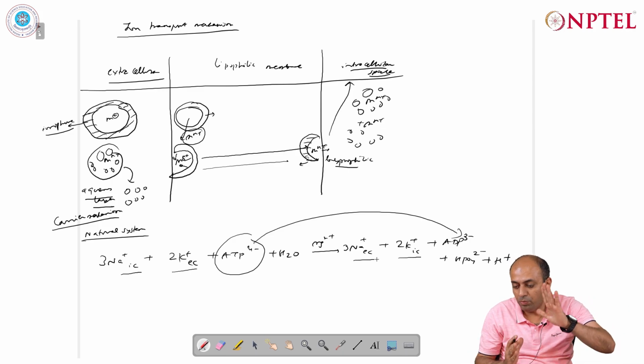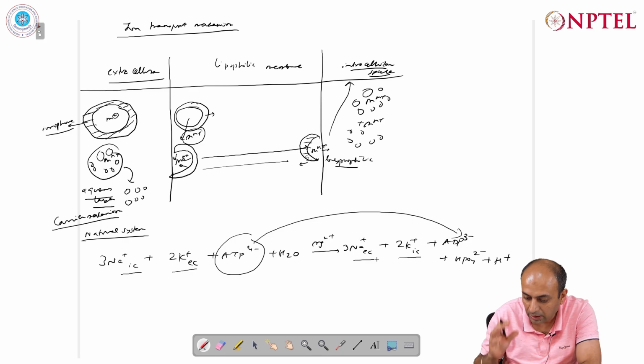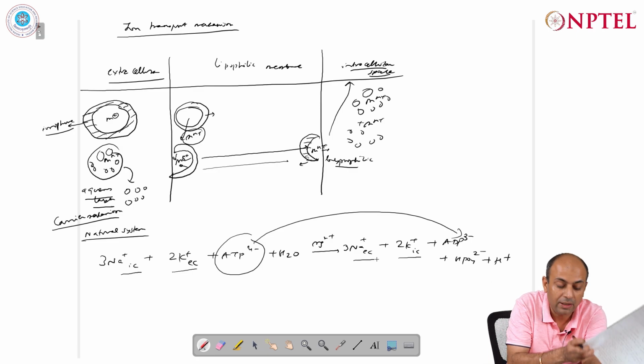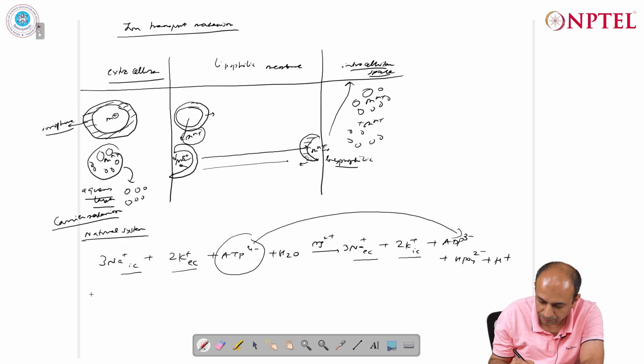So, we have this movement of these ions across this bilayer, which is facilitated by the Na+/K+ ATPase enzyme, and this enzyme, to tell you, is a membrane protein.